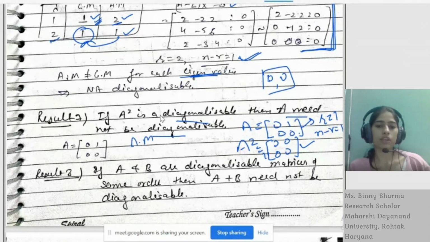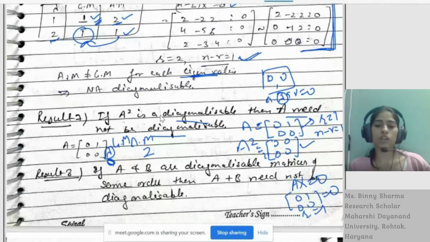If I am making the AM-GM table, here both eigenvalues are 0, so the algebraic multiplicity is 2. But for (A minus lambda I)x equals 0, here lambda is 0, that is Ax equals 0, that is [0, 1; 0, 0]x equals 0. And what we get?